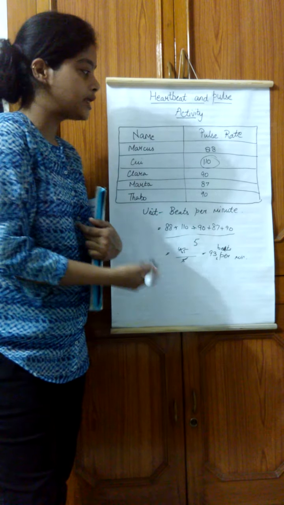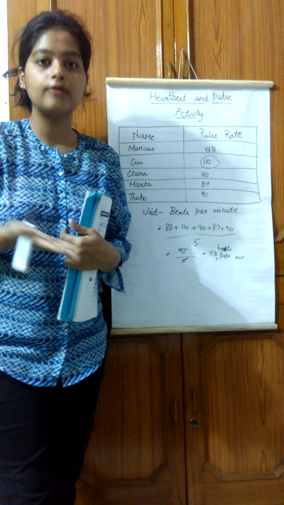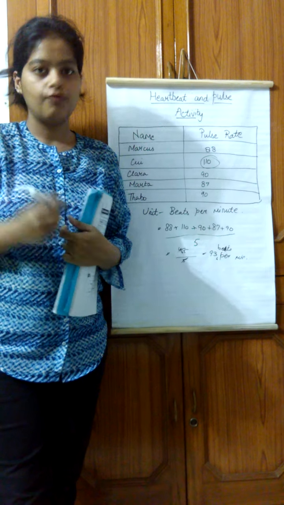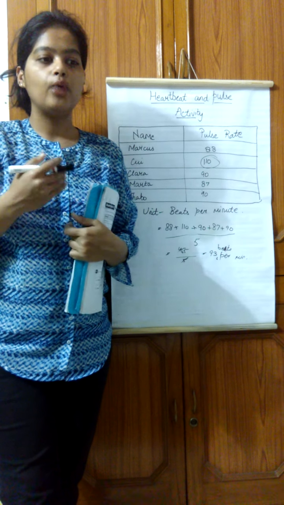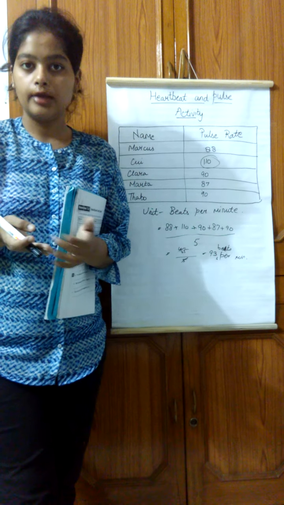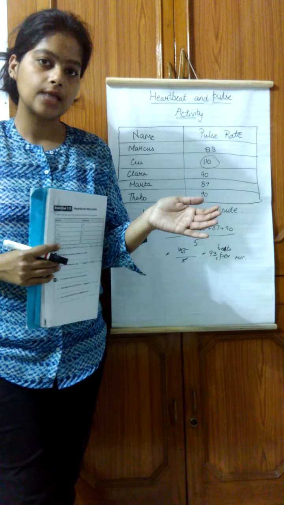Yes, it is 110. What reason have we discussed for why our pulse rate or heartbeat is higher? In which condition does it get higher? When we do certain physical activity, when we run or exercise, or when we are scared. Those are some of the reasons in which our pulse rate gets high.